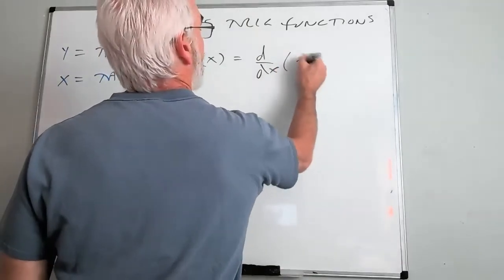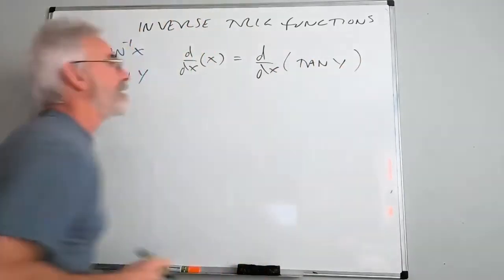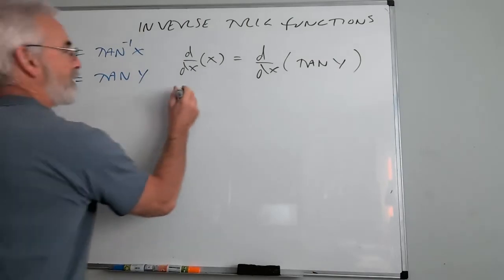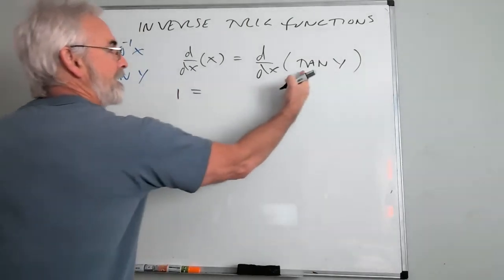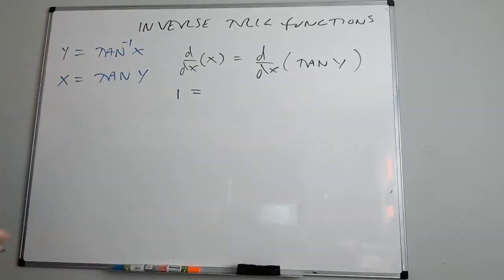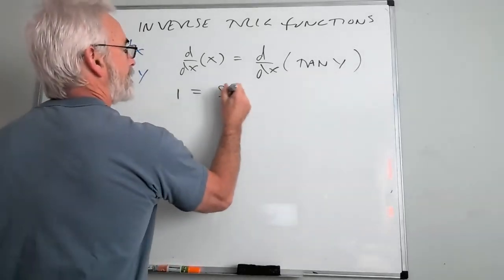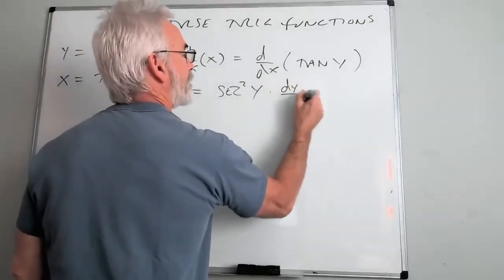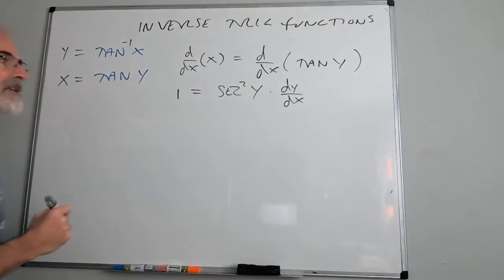All right, so if I have something like this, I want to differentiate both sides of this. So what would that give us? Well, that would give us 1 equals the derivative of tangent of thing, which is the secant squared of thing times the derivative of thing. I have no doubt that that is correct.